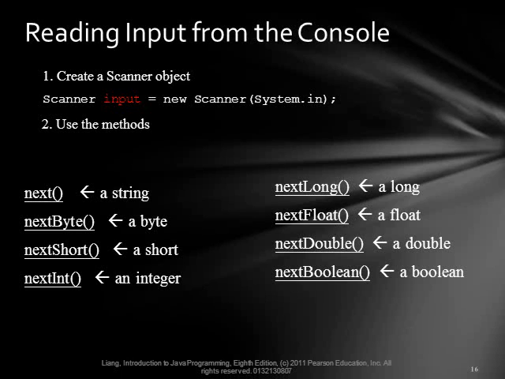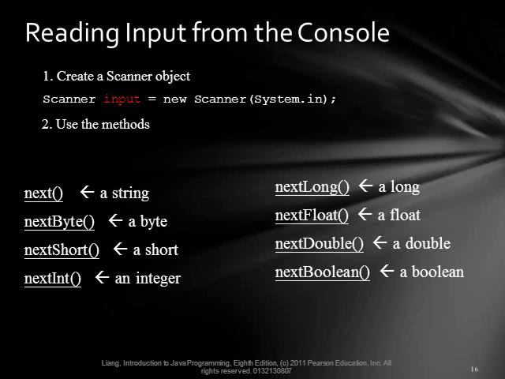And methods always have a pair of parentheses at the end. Sometimes the parentheses are empty, and as we will learn later in the course, sometimes the parentheses have values in there. We've already seen that when we did System.out.println. We had the parentheses, and within the parentheses, we had the message that we wanted to print. So that was a value that we were passing to the println method.